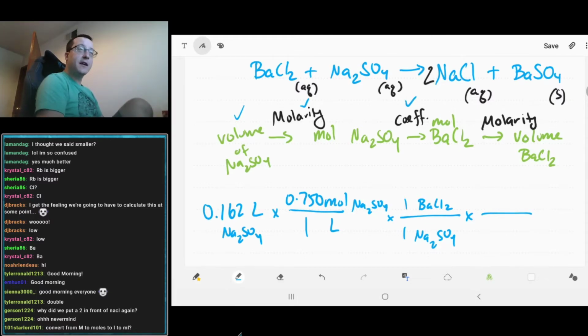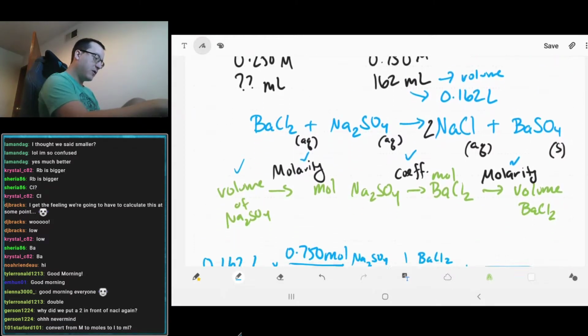And now we are going to go ahead and use our molarity to figure out what the volume of barium chloride is going to be. And so the molarity was 0.25.